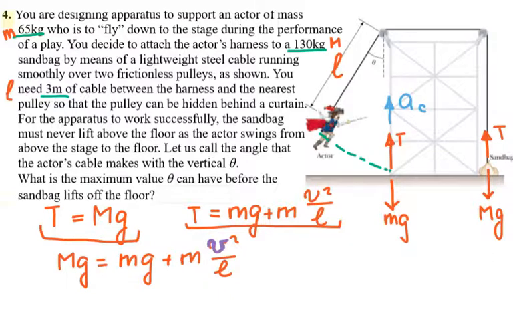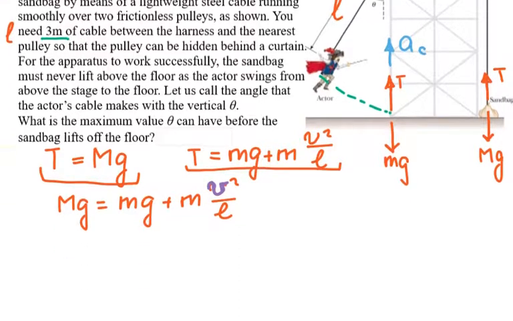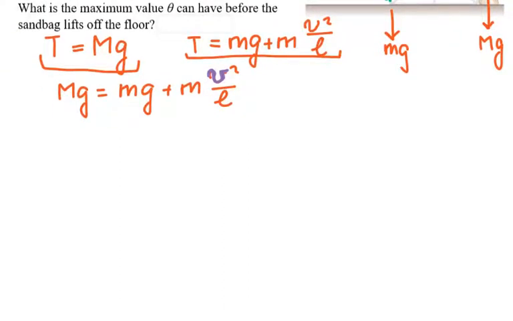What I don't know in this equation is v. I need to find the velocity of the actor all the way at the bottom of his swing. So I'm going to draw another picture right here to work out my velocity.